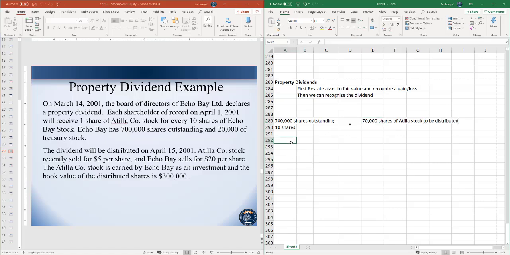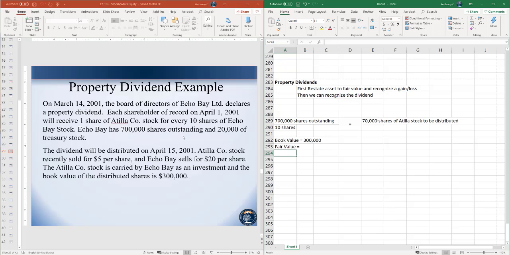Now, as I mentioned before, we can declare the dividend, but we first need to restate the asset to fair value. Right now we are told the Attila stock is carried by Echo Bay as an investment, and the book value of the distributed shares is 300,000. So what is its fair value, if we need to write it up?